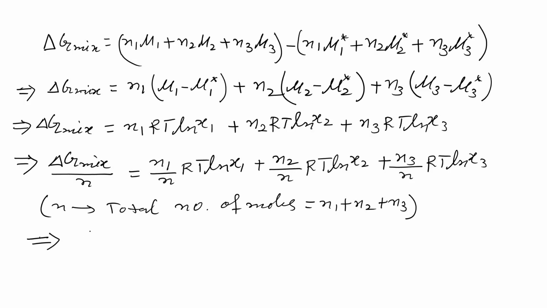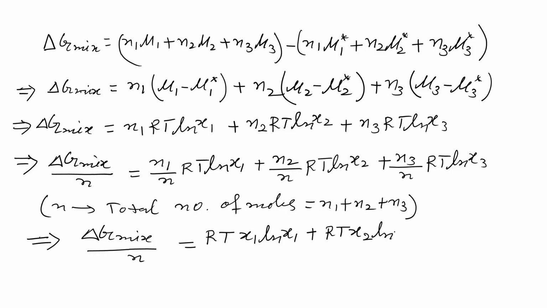So what can we write? Delta G mixing divided by N is equal to RT x1 ln x1, where x1 is the mole fraction of gas 1 in the mixture, then plus RT x2 ln x2 plus RT x3 ln x3.